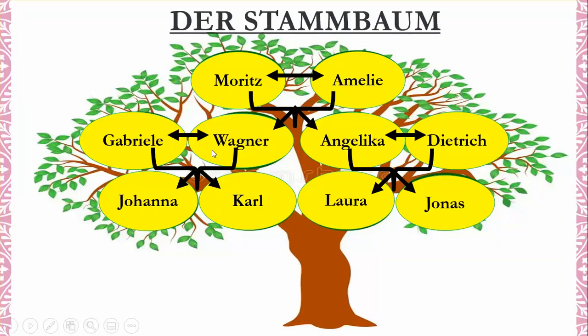Gabriele and Wagner have two children, Johanna and Karl. Angelika and Dietrich also have two children, Laura and Jonas.